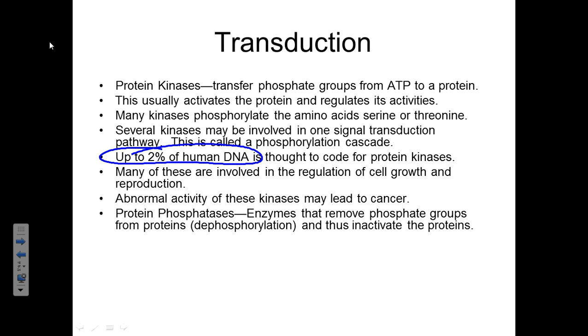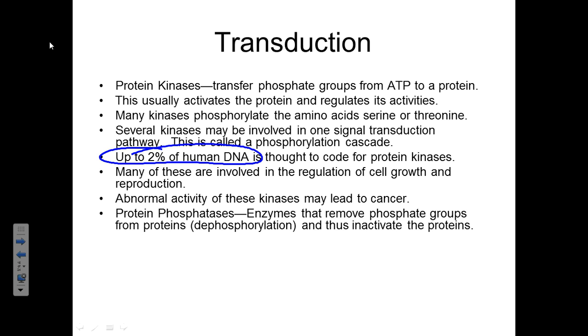Well, they're enzymes. Enzymes are made up of proteins, and proteins are coded for by DNA. These are really, really important enzymes. A lot of these kinases regulate things like cell growth, mitosis, meiosis, and cell reproduction.